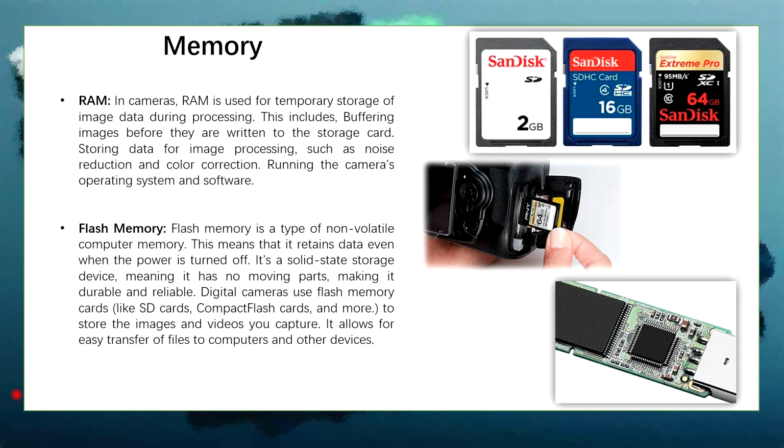Digital cameras use flash memory cards like SD cards, compact flash cards, and more to store the images and videos you capture. It also allows for easy transfer of files to computers and other devices.